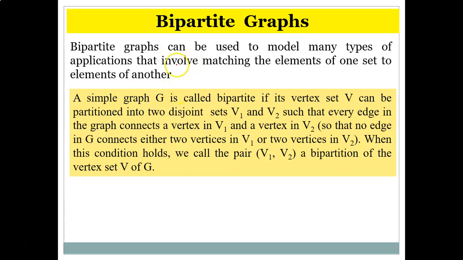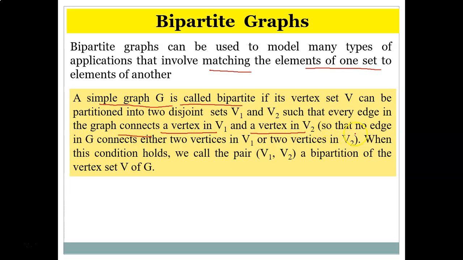Then the bipartite graph. A bipartite graph can be used to model many types of applications that involve matching the elements of one set to the elements of the other. A simple graph G is called bipartite if its vertex set V can be partitioned into 2 disjoint sets V1 and V2 such that every edge in the graph connects a vertex in V1 and a vertex in V2.